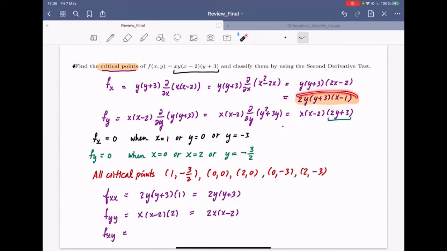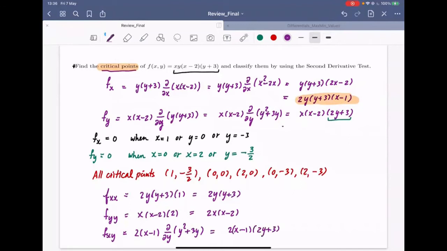So we're going to differentiate with respect to y. I do not need to differentiate 2 and x minus 1. I need to differentiate y times y plus 3 with respect to y, which you can expand to be y squared plus 3y, right? And you differentiate that, you get 2 times x minus 1 times 2y plus 3.